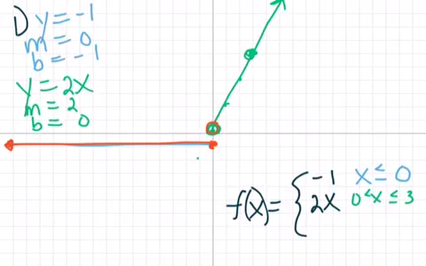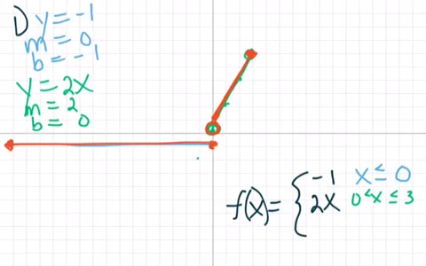So let's accent that in red. This is an open circle at the origin, a closed circle at where x equals 3, and then we want the part that's in between. And then I'm going to erase the extra green line so it's not in our way to confuse us.